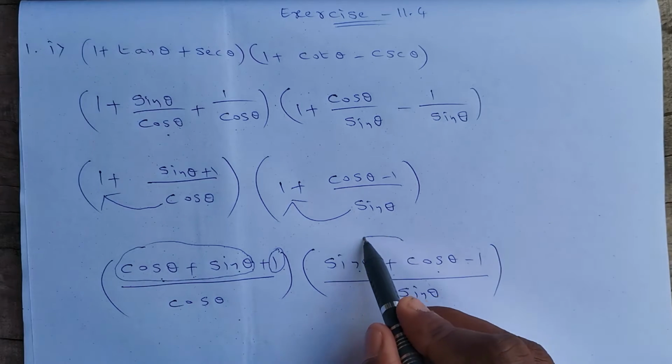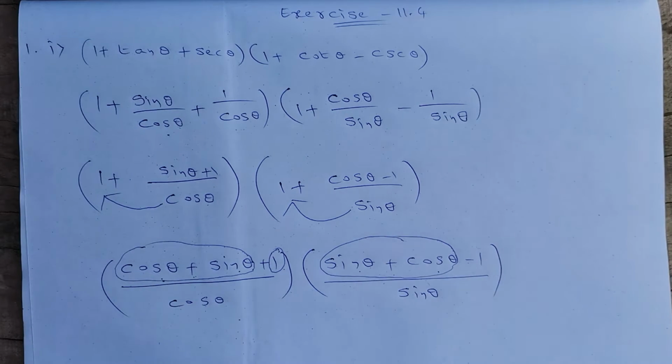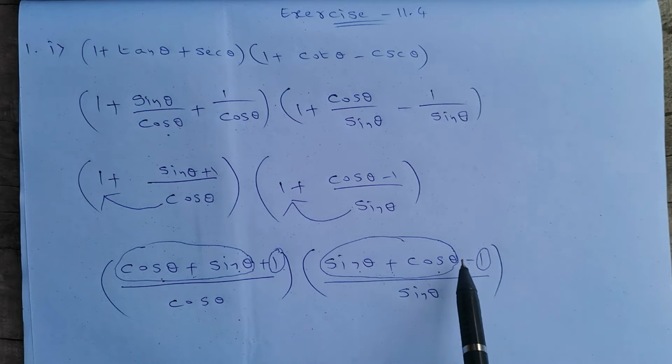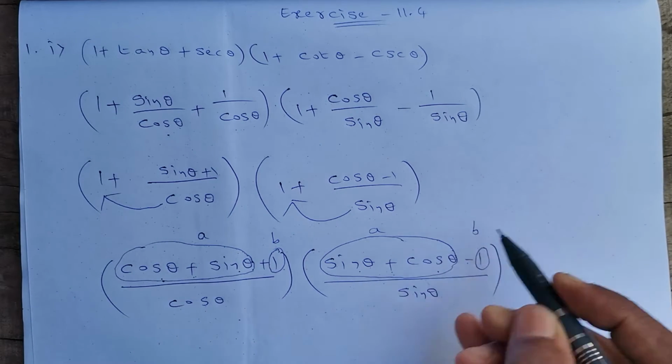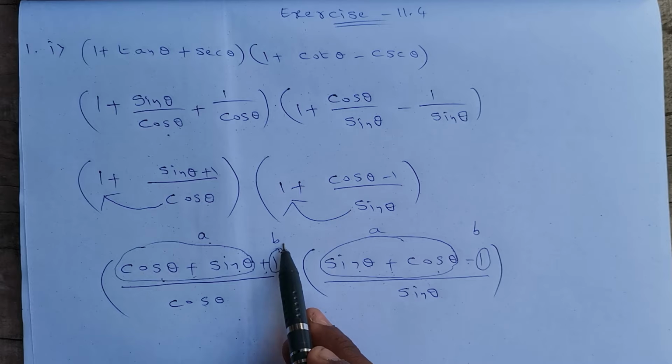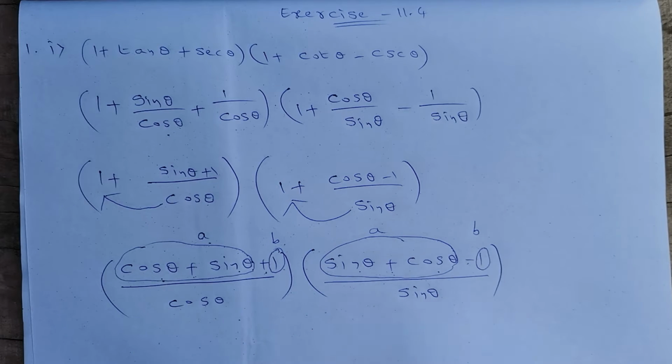If we observe clearly, it is in the form of (A plus B) into (A minus B), where A is cos θ plus sin θ and B is 1.